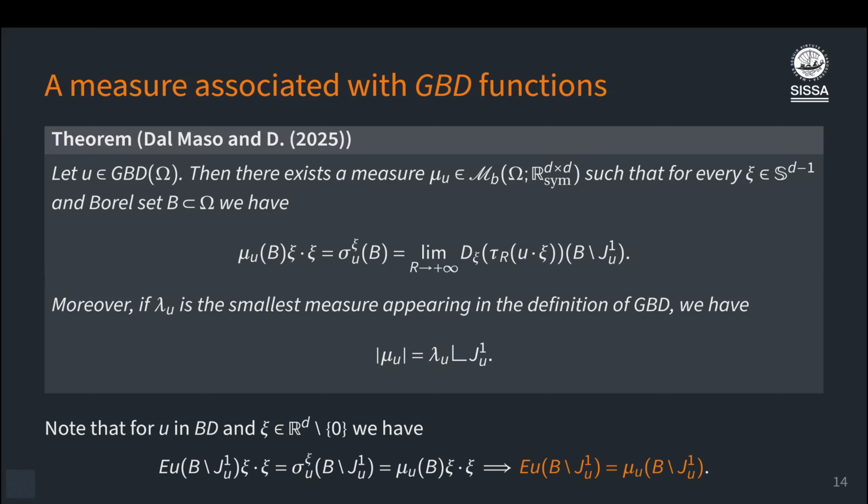If I take away the set of bad jumps and I evaluate this, what I obtain, for a unit vector at least, is exactly this object here, which by our theorem coincides with this one, and so the two measures should coincide. So it's really a generalization of the measure Eu, at least away from the jump set J1 of u.